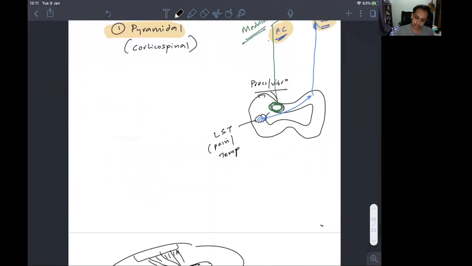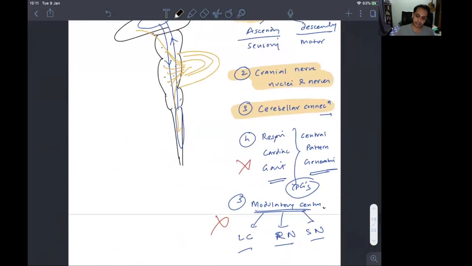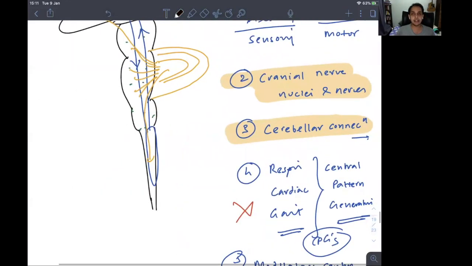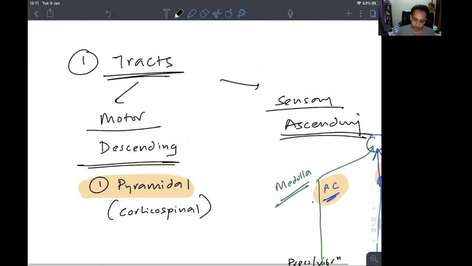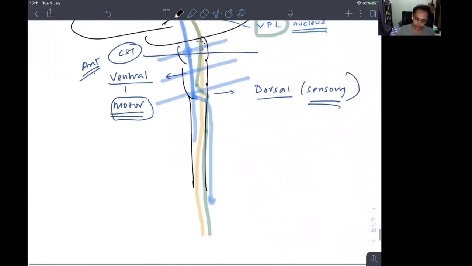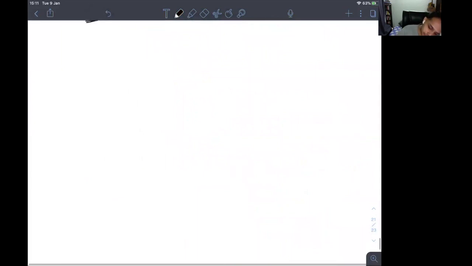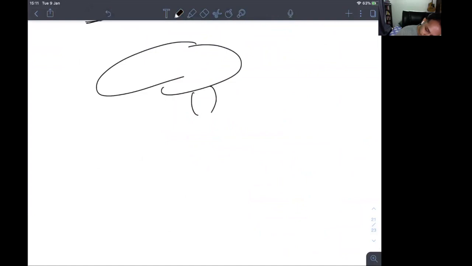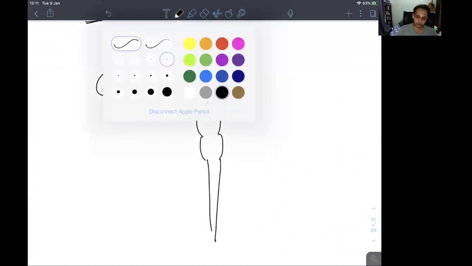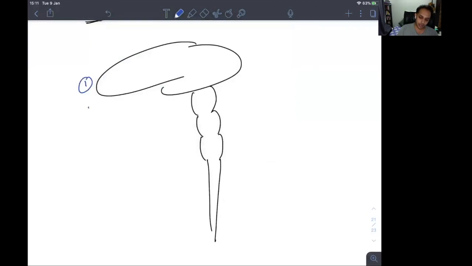Now, what else is there in the brainstem? You have your cranial nerve nuclei. So now let's discuss where the cranial nerve nuclei are distributed. So you have 12 cranial nerves. Your cranial nerve 1 and 2 arise before you reach the brainstem.